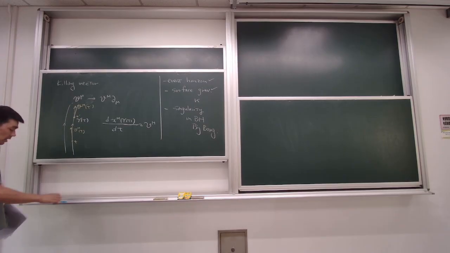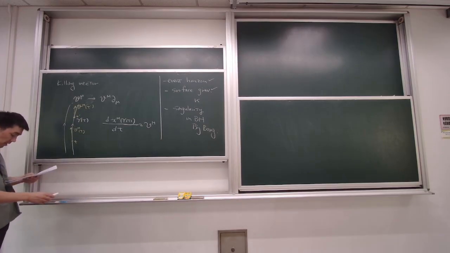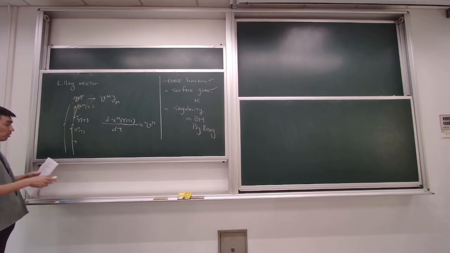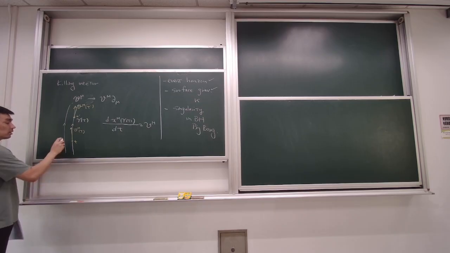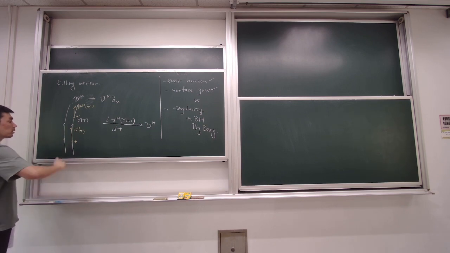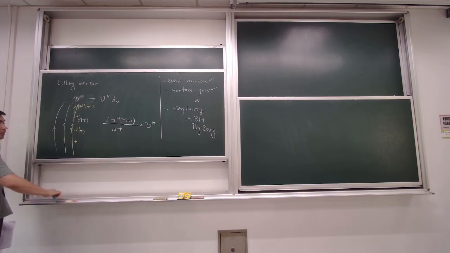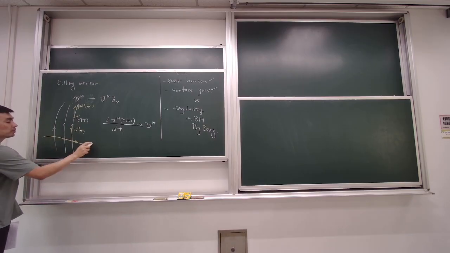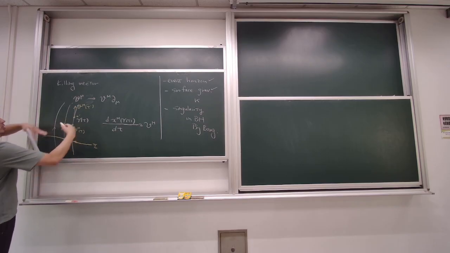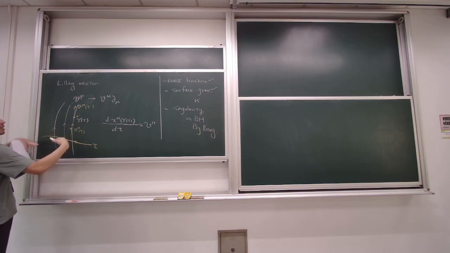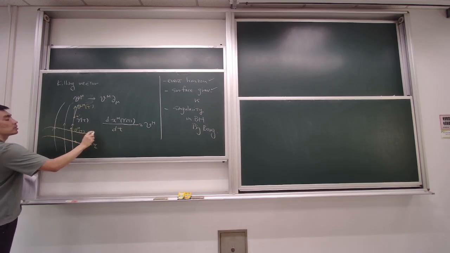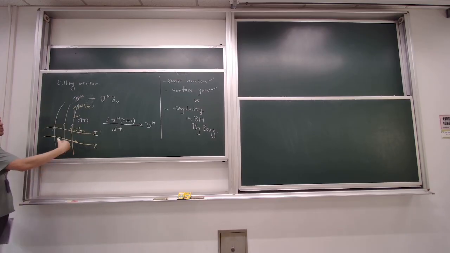So for instance, this kind of curve will give you a so-called one-parameter diffeomorphism. If you have a space-like surface sigma and you take a time translation along this curve, you push sigma to sigma prime.